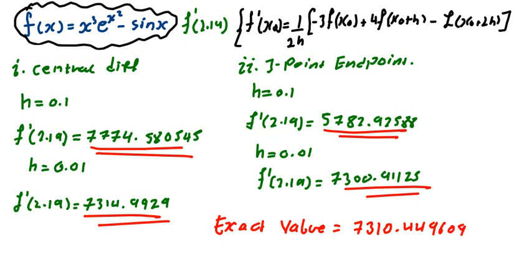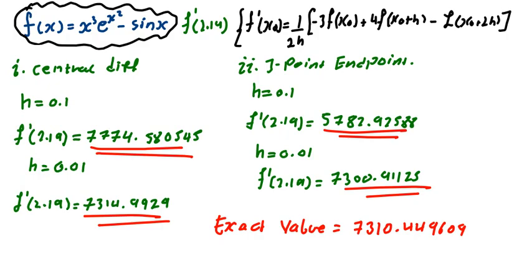So what you want to do is check which formula is more accurate, and not only that, but on that particular formula itself, which value of h gives you the most accurate value. Okay, so what you do is you get this value here, you subtract all of these. The one that is going to give you the lowest is the one that is more accurate.